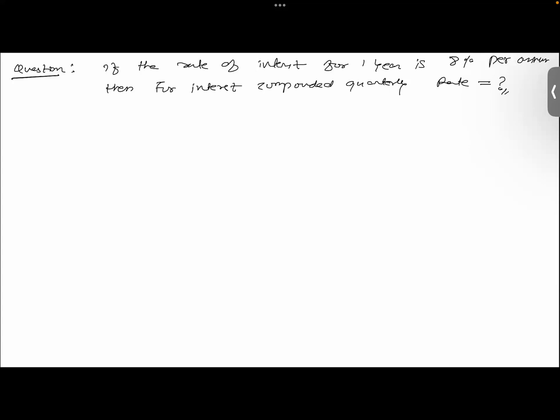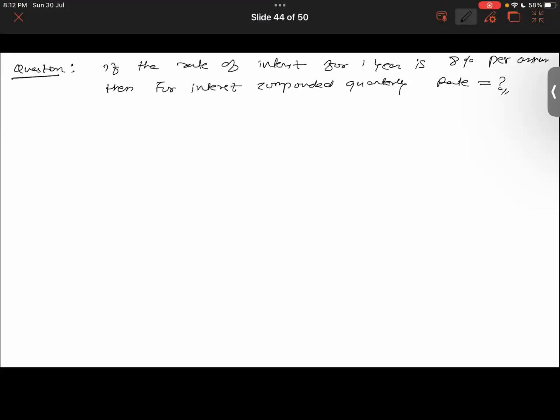Please read the question once more. The question says that for interest compounded quarterly, the rate will be how much? For the full year, R is 8% now.